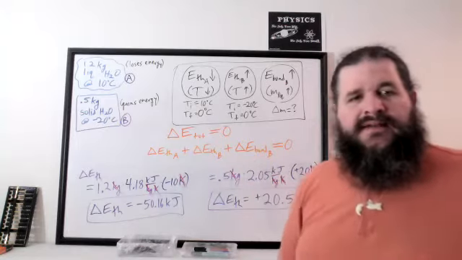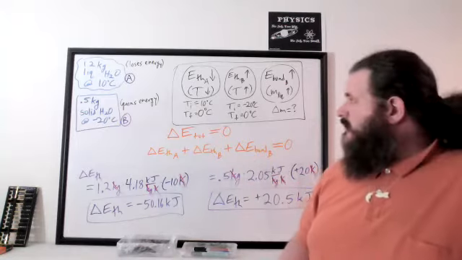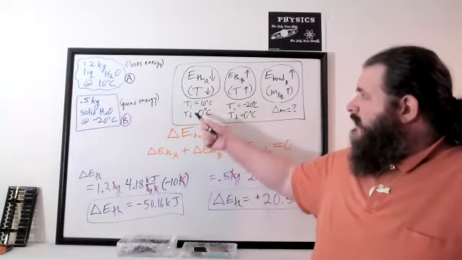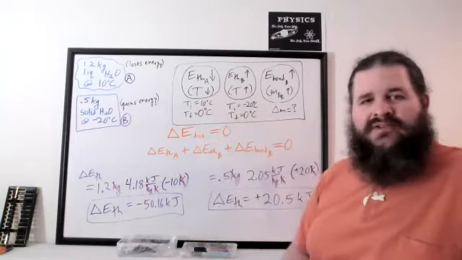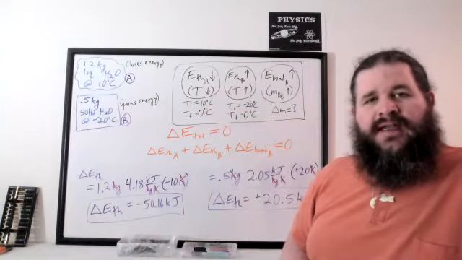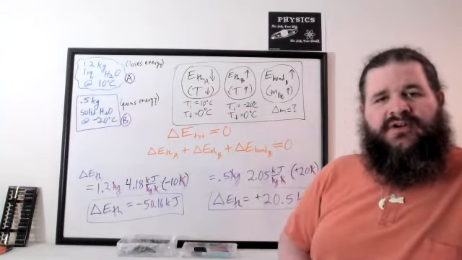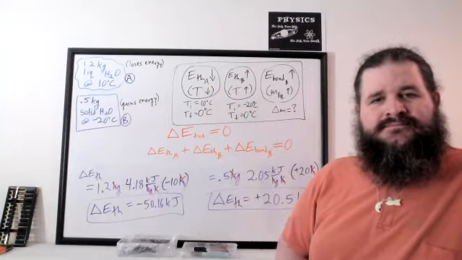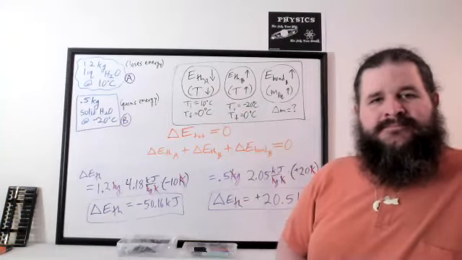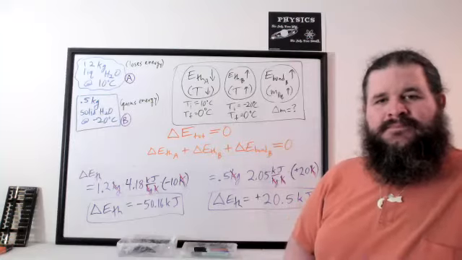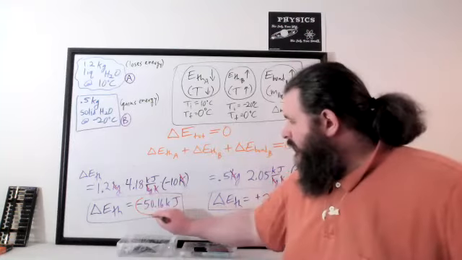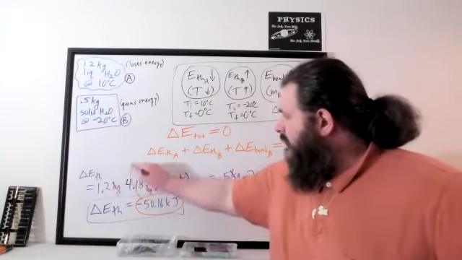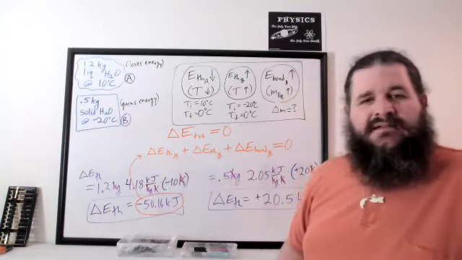But the thing is, we already did these calculations. We know object A is cooling down from 10 degrees to 0 degrees. How much energy does it take for object A to cool from 10 degrees to 0 degrees? Yeah, that's the negative 50.16 kilojoules that we already calculated. So we don't need to calculate it again.